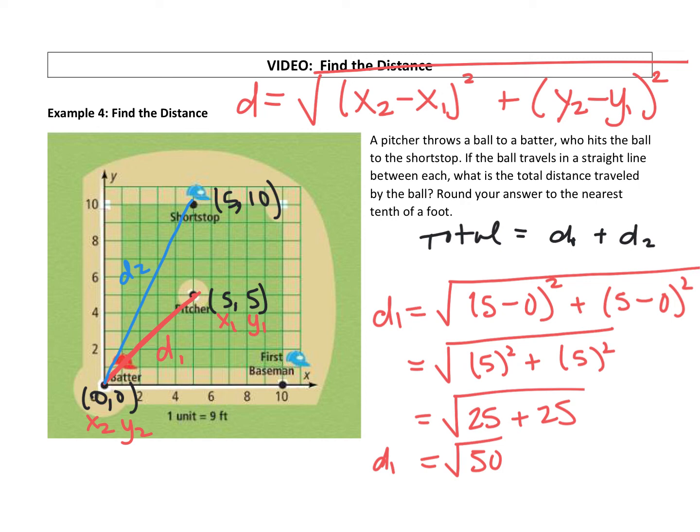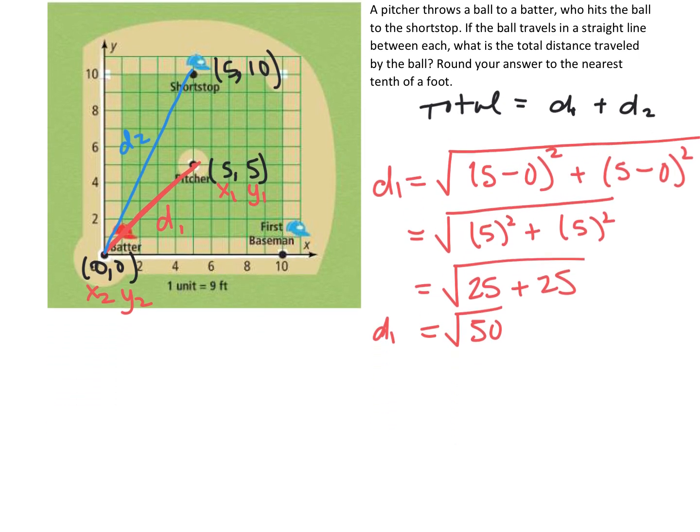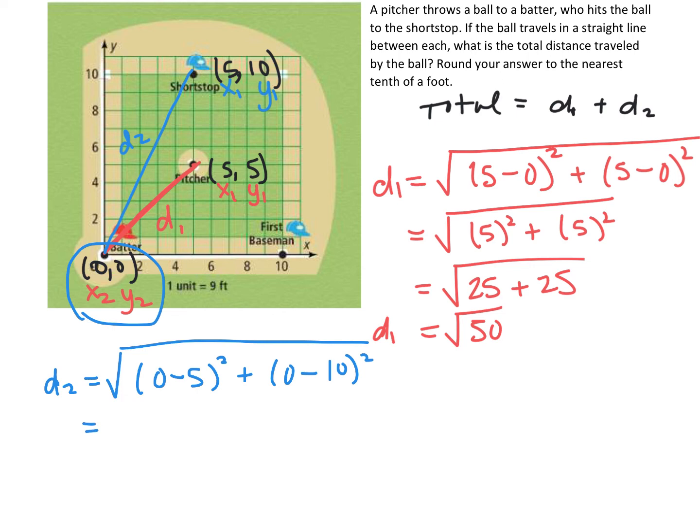Now the second distance, we're going to do the same thing, we just have to use the other ordered pair. So our second distance, D2, is equal to, I want to go ahead and label, we're going to use this ordered pair, the x2, y2. So I'll go ahead and label this as x1, y1 up top. And now we're going to find our second distance. So it's the square root of x2 minus x1, so 0 minus 5 squared, plus y2, 0 minus y1, 10 squared. 0 minus 5 is negative 5.